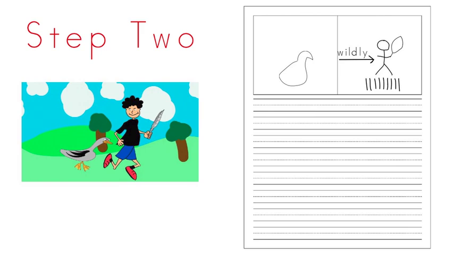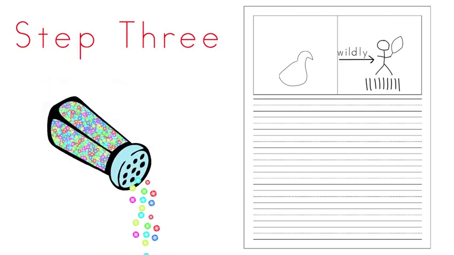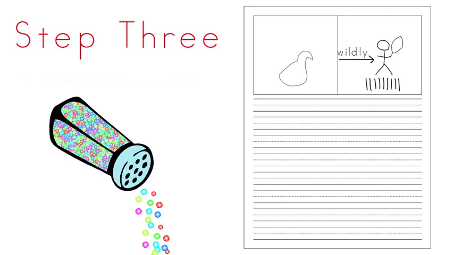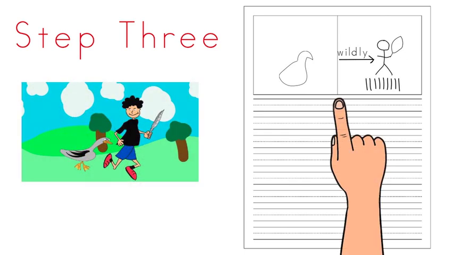Wonderful job! Step 3. Add fancy words. The magic shaker reminds us to add fancy words to the important parts of a sentence. Go to each box in the planner. Put an X on who or what you think is important to the sentence.